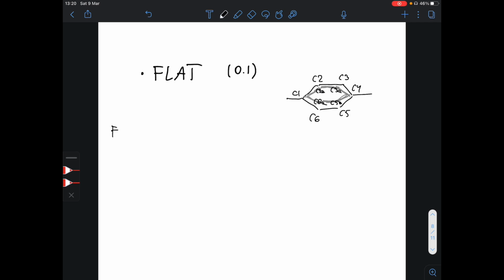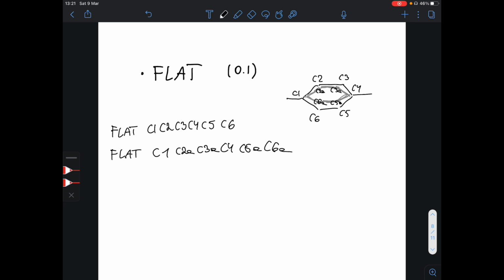So we can write FLAT C1, C2, C3, C4, C5, C6, and also for the other disorder component, FLAT C1, C2A, C3A, C4, C5A, C6A. It's very useful. Sometimes if you don't use FLAT during the refinement, you get some weird appearance of the phenyl ring, but when you use FLAT, it will help during the refinement.